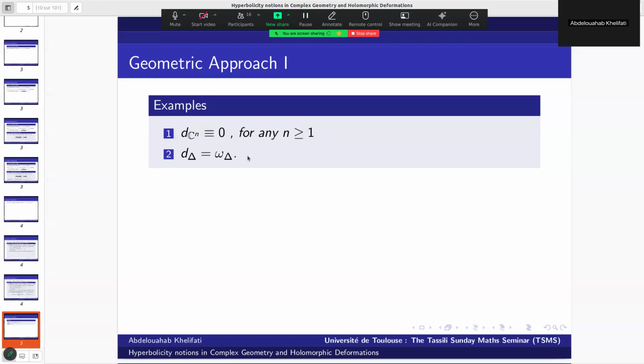And as one may expect, the Kobayashi pseudo distance on the unit disk itself is actually the Poincaré distance.